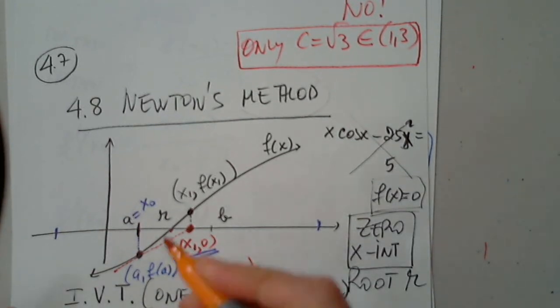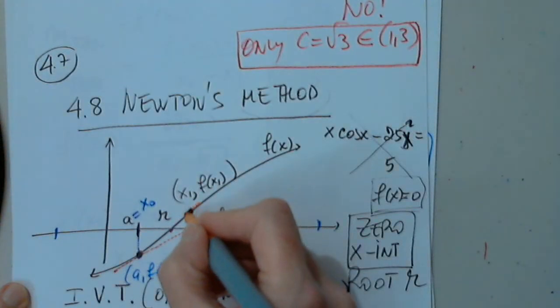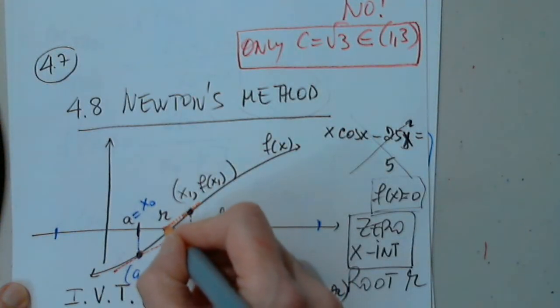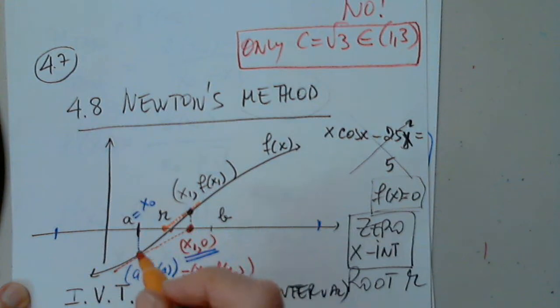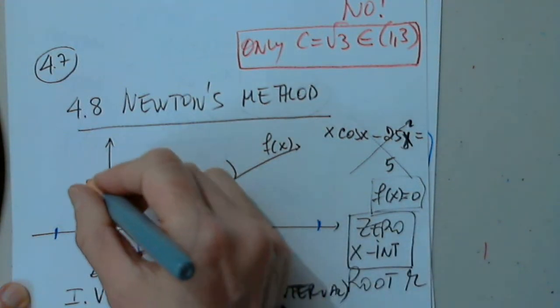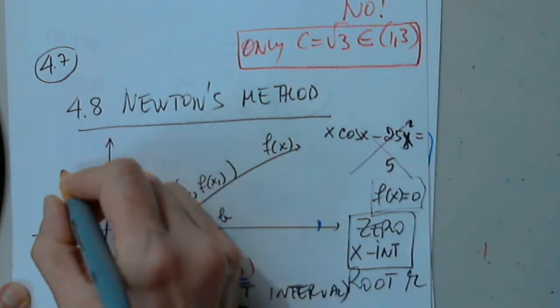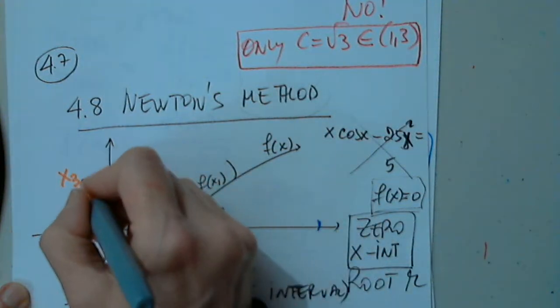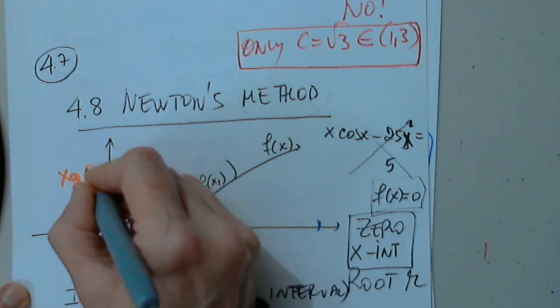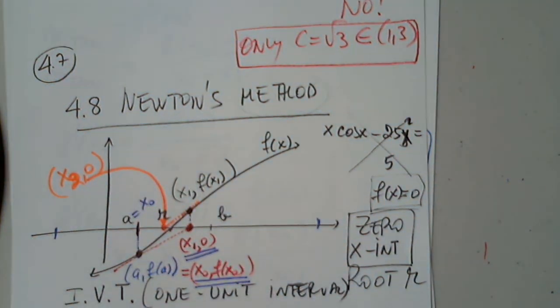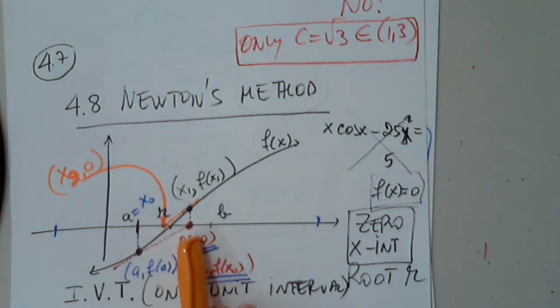Tangent, of course. He drew the tangent. He extended it. He called this point x sub 2 comma 0. Now, here's the question. Is x sub 2 a better estimate of r than x sub 1 was?